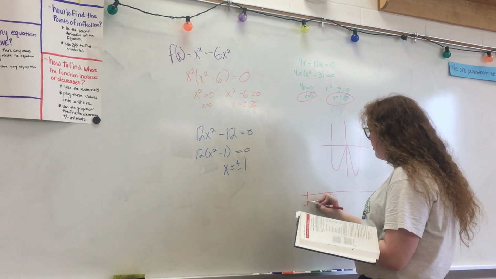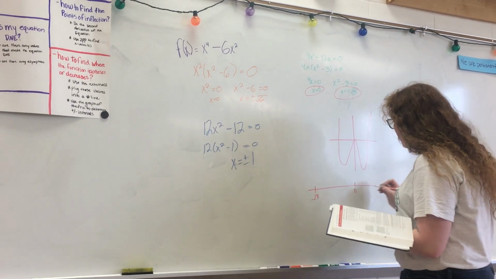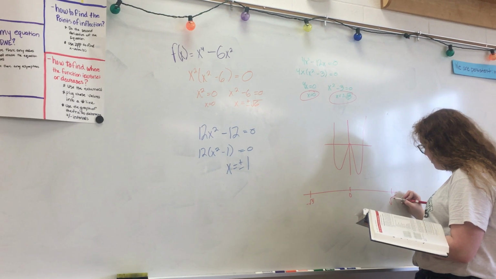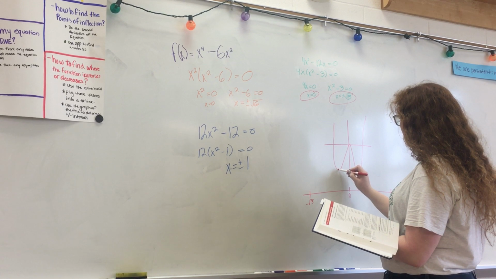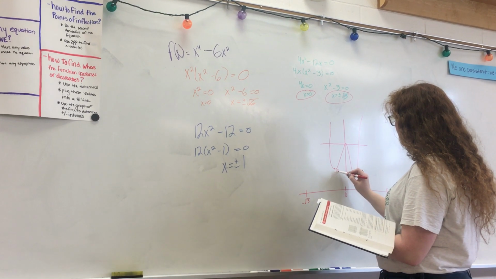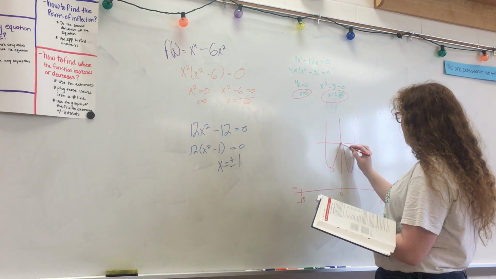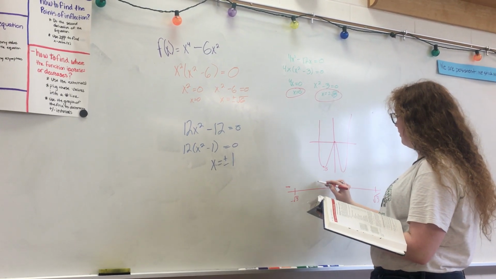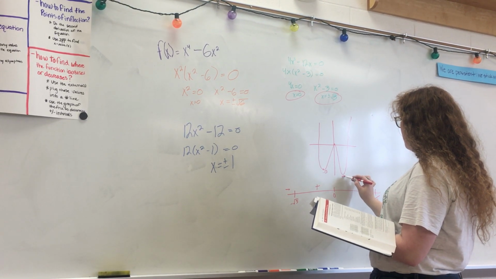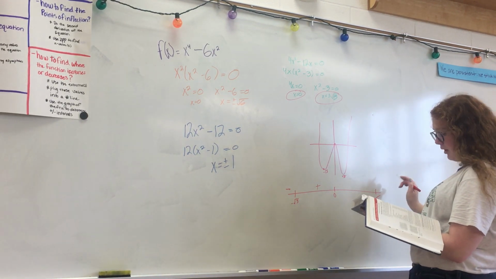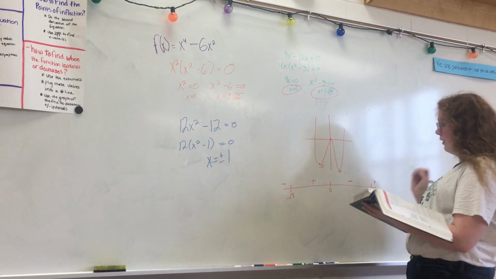So we're going to have negative root 3, 0, and root 3. As you can see, from the left to about where negative root 3 would be, it is decreasing. So we're going to put a negative there, and then from negative root 3 to 0, it is increasing. Again, from 0 to root 3, we have decreasing, and from there on to infinity, we have increasing.